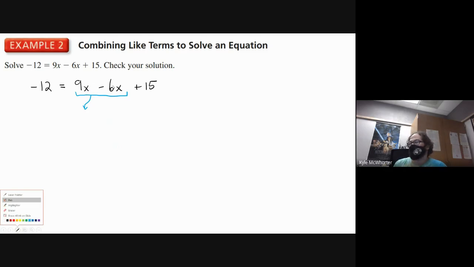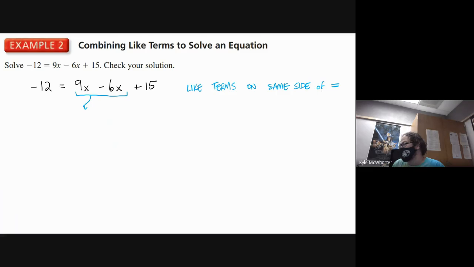But if you have like terms, so right here we have, I'm going to write this down here: like terms on the same side of the equal sign. If you have like terms on the same side of the equal sign, you just do what it says. Combine them. So what did it say here?